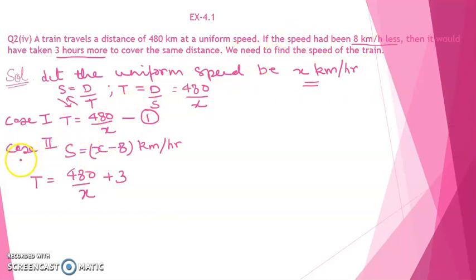We are discussing case 2. If the speed had been 8 km per hour less, so that is why x minus 8, then it would have taken 3 hours more. So what was the time it was taking initially? 480 upon x, right? Now it is saying 3 hours more. So we will add plus 3. Are you following? Clear, students? So time is equal to 480 upon x plus 3.